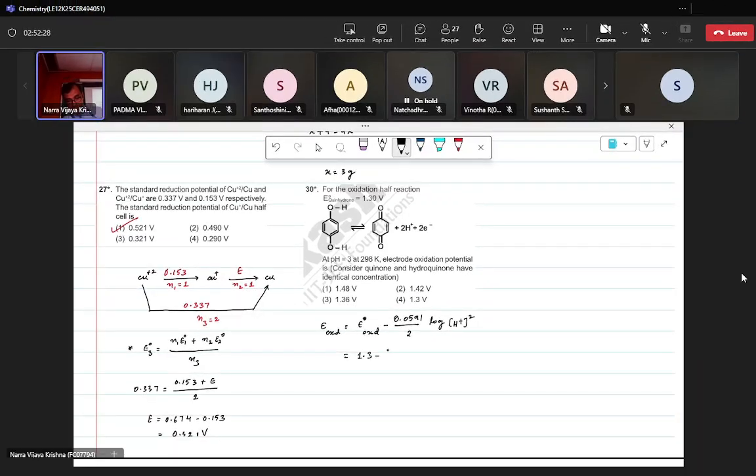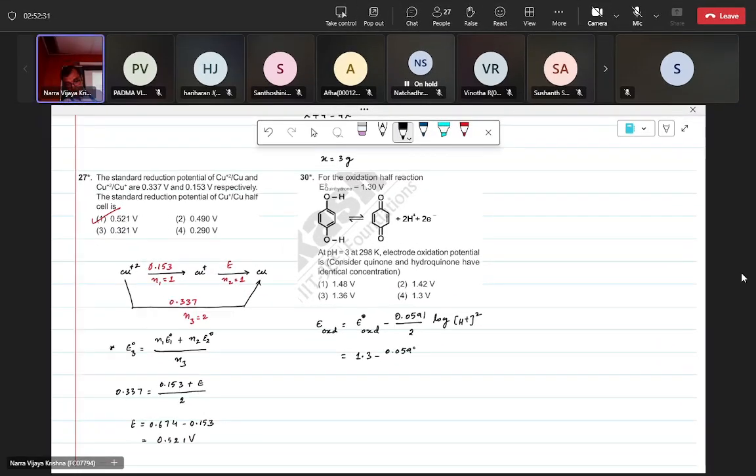1.3, and 0.0591. I am writing upon 1 only, because for log H plus square, I write 2 log H plus, so the 2 is gone. I will write this also as plus, and I am writing minus log H plus as pH. Minus log H plus means pH. What is pH?